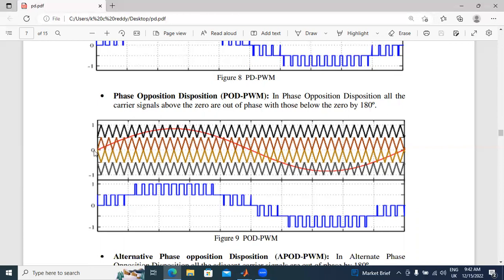Carrier signal 1 and carrier signal 2 are in the same phase, carrier signal 3 and carrier signal 4 are in the same phase, but 1, 2 and 3, 4 are 180 degrees phase shifted. This is phase opposition disposition PWM technique.